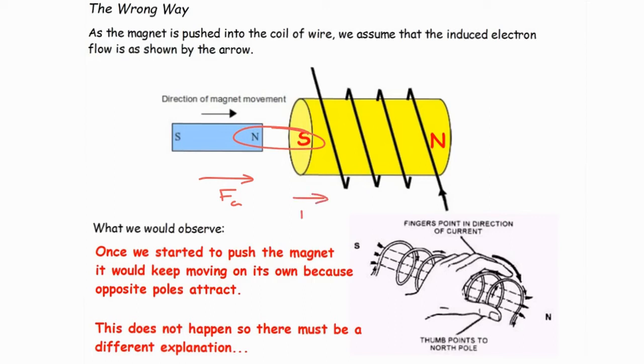If Fm is the same direction, we would expect that this magnet would be sucked through, right? So that magnet would be pulled through, and that's not what we actually see. If we were to let go of that magnet, it would just fall. So this way is not what actually happens. This is the wrong way.